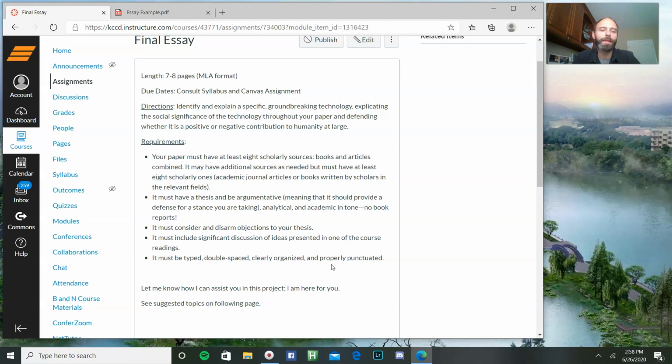It must include significant discussion of ideas presented in one of the course readings, either in Living with Robots or in the ethics textbook that we're using. Aim for at least a page of your paper to deal with the ideas or arguments presented in our in-class books.